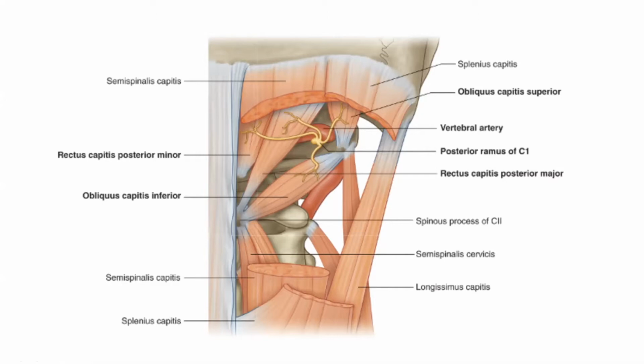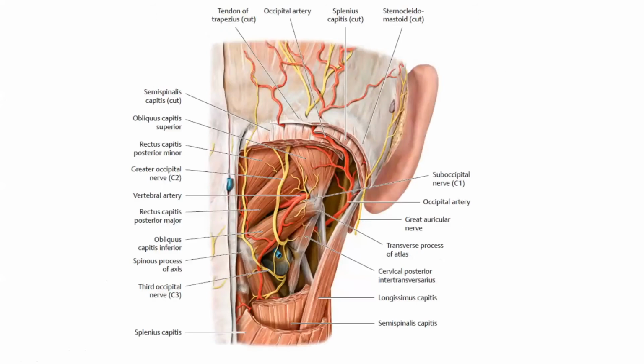So this is the suboccipital nerve, which, if you want to find it, is always going below the vertebral artery at the suboccipital triangle.